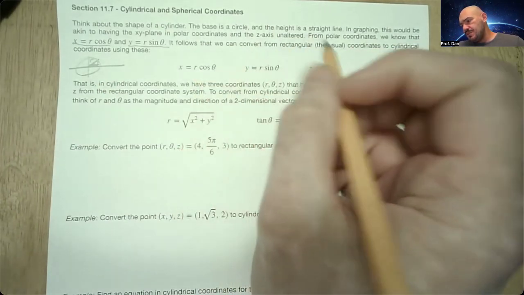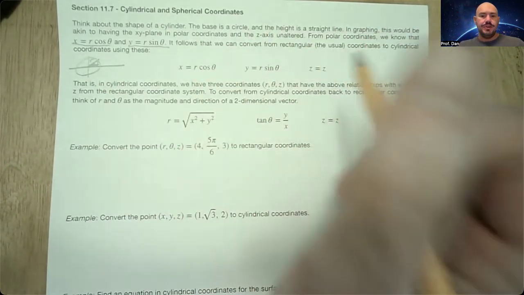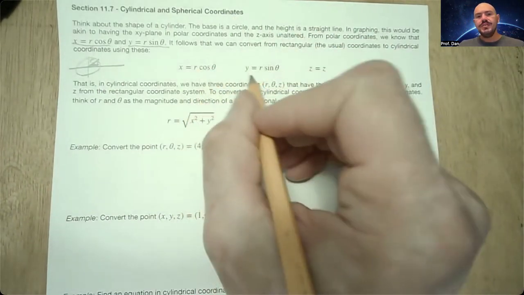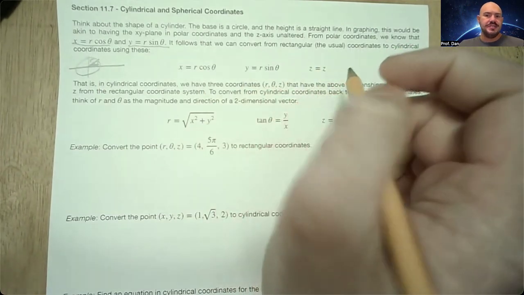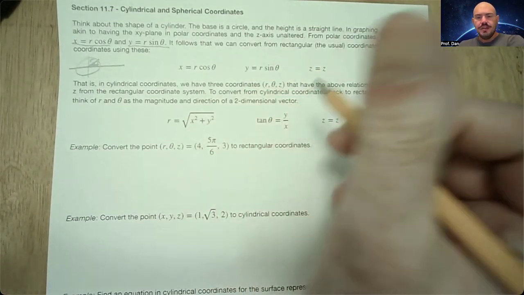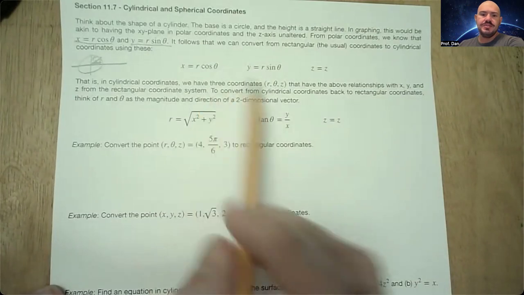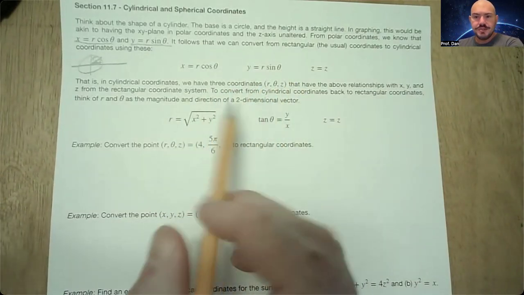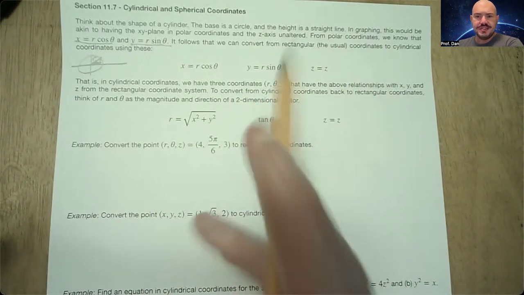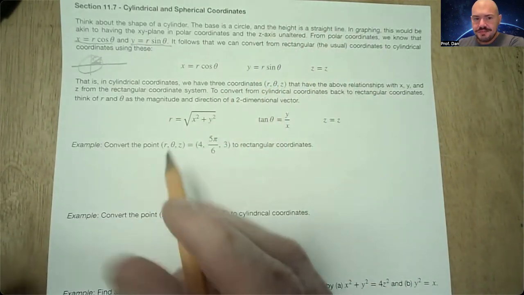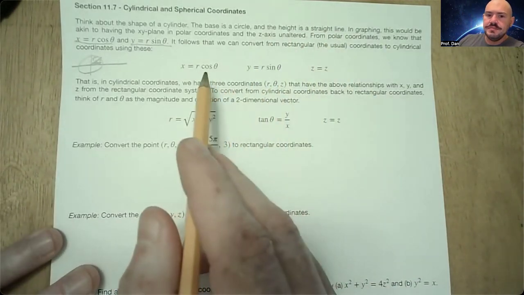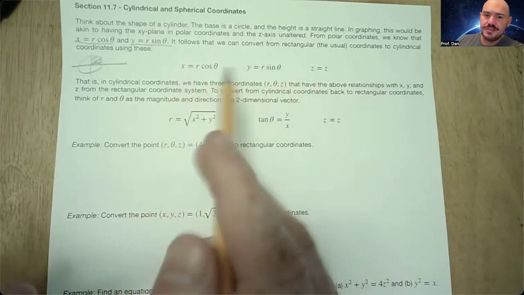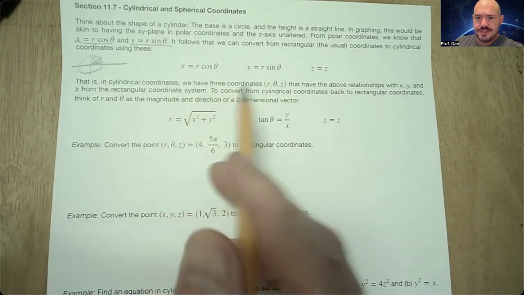So those definitions do carry over into cylindrical coordinates. So x is r cosine theta, y is r sine theta. The z coordinate is unchanged. That's because your xy plane, the floor, as we've been referring to it, is in polar coordinates, and your z-axis is still your z-axis. This is how we would convert from x's, y's, and z's into r's, thetas, and z's.